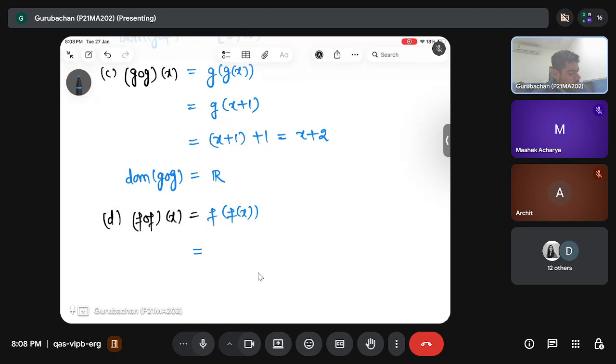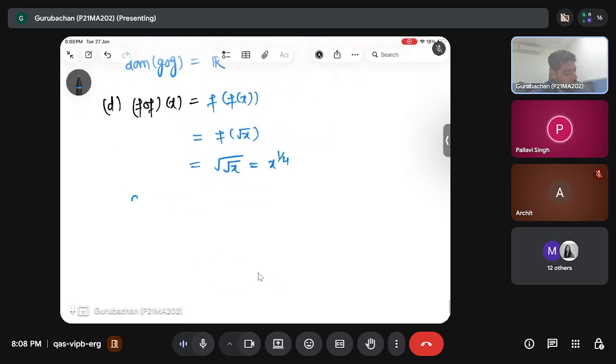Now for this one, this will be f of under root x, under root of under root x, that is x to the power 1 by 4, and the domain of this f of f will be, correct?